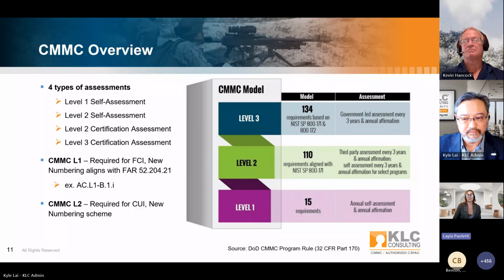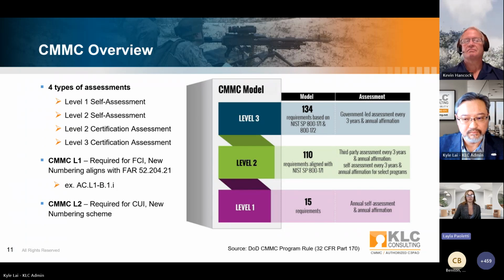Third-party assessment is every 3 years with an annual attestation or affirmation. The level 2 self-assessments are again every 3 years with that annual affirmation. And again, very select programs, very small part of the overall ecosystem.